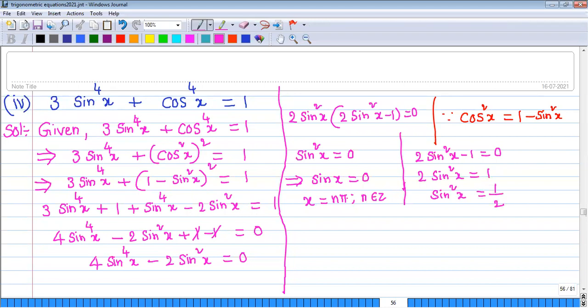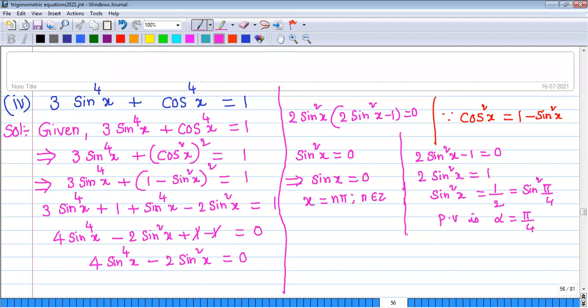So now this needs to be solved as sine square x is equal to sine square alpha form. This we can write as sine square 45 degrees. Sine 45 is 1 by root 2, and 1 by root 2 whole square is 1 by 2. Principal value is alpha is equal to pi by 4.